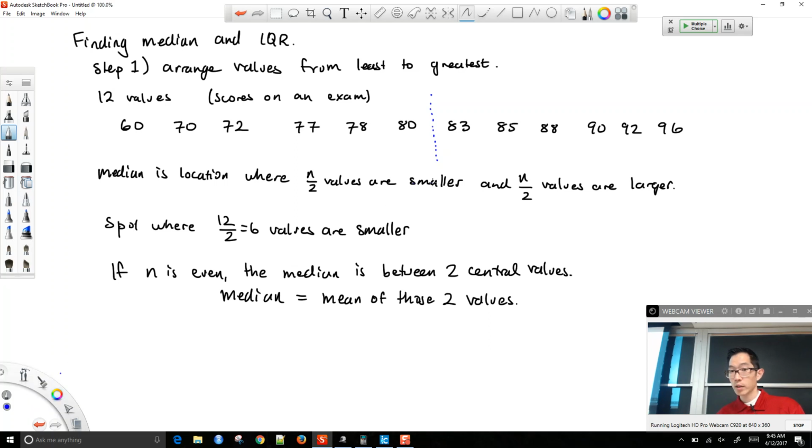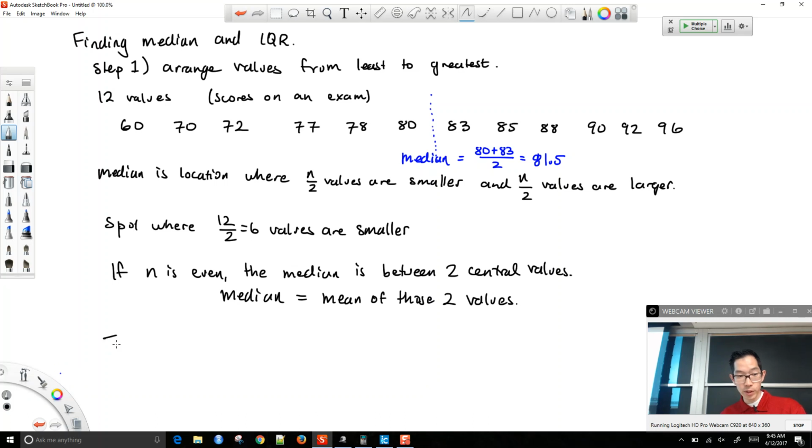All right, and so we will say the median is the mean of 80 and 83, so our median is equal to 80 plus 83 divided by 2. My median is 81 and a half. Okay? Likewise, we do the same thing for Q1 and Q3.